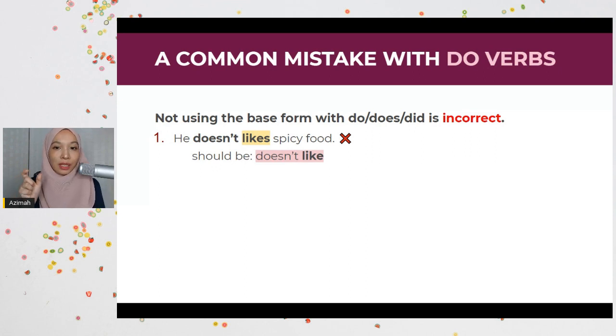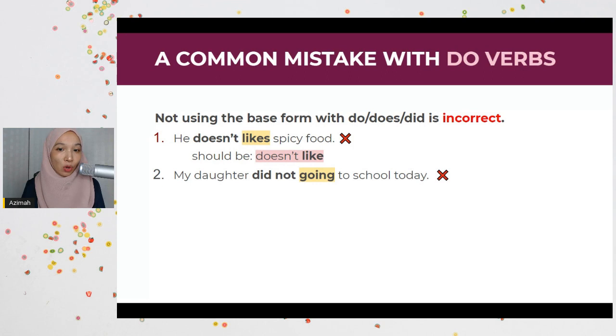Like must be in the base form, the root form. My daughter did not going to school today. Why is that incorrect? It should be my daughter did not go, or if I want to contract it, didn't go to school today. So it's not my daughter did not going, because that's not in the base form.